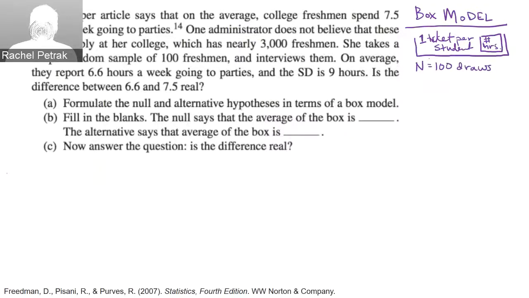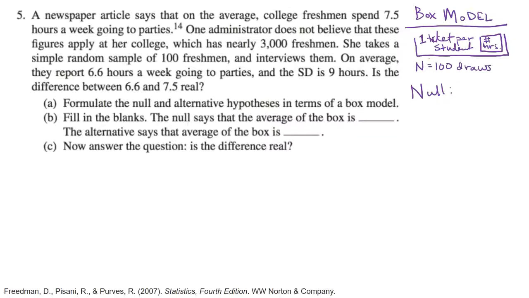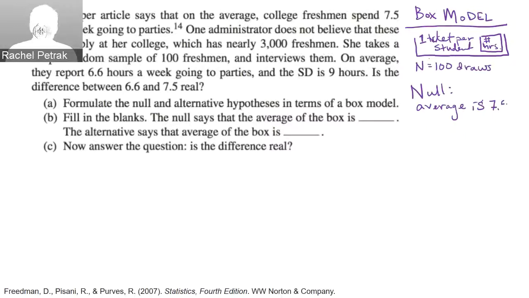We're also given some information. Oh, let's do our null hypothesis too. Well, the null hypothesis, of course, says that the average is really 7.5 hours, as expected based on this article.